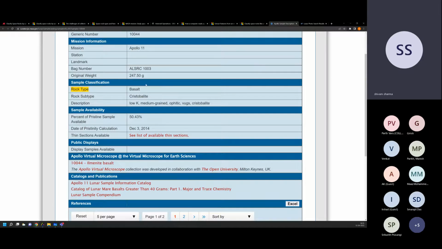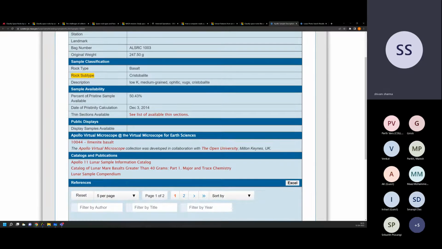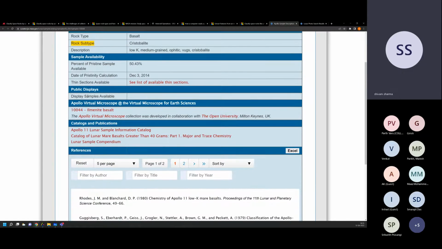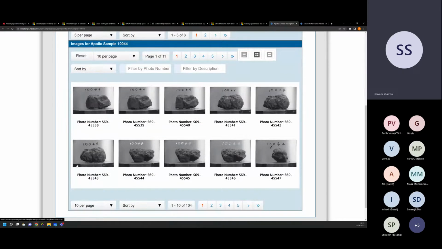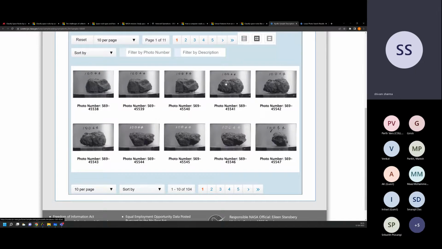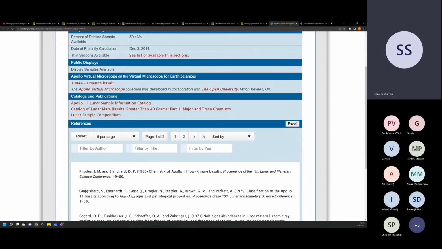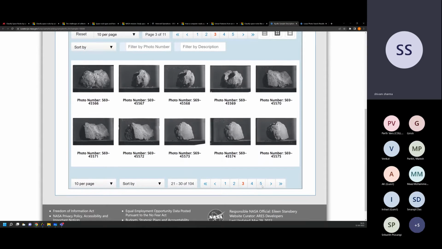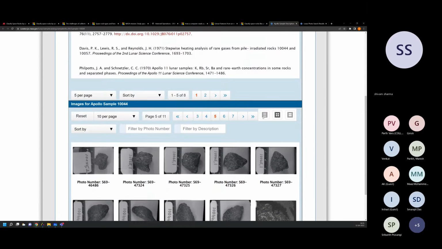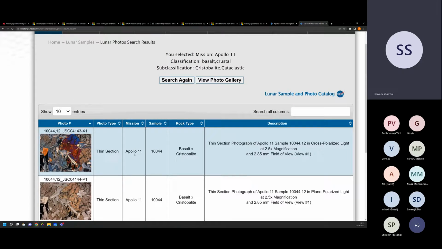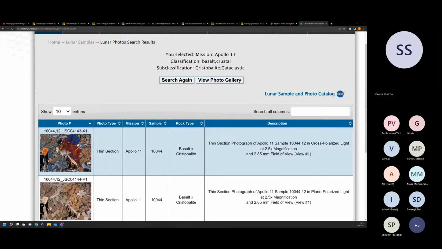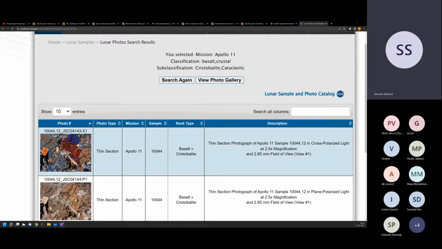So this is something by which you can create your labeled data set, along with any subtype of the rock and any other information about the rock. The images are also here. These are the various images. On the other page, you can also find some other types of images. You can search by the mission and the rock, or you can do an image search there as well.